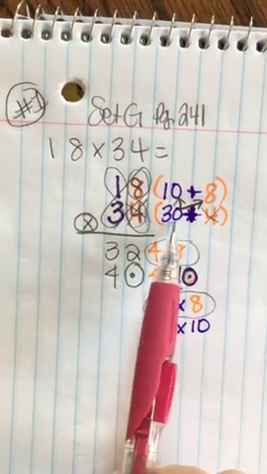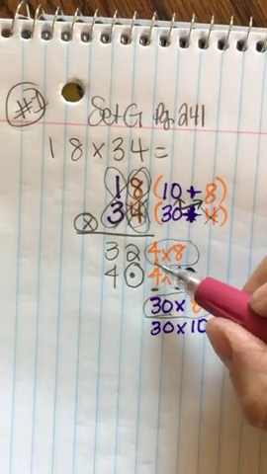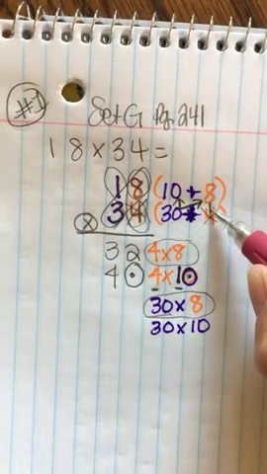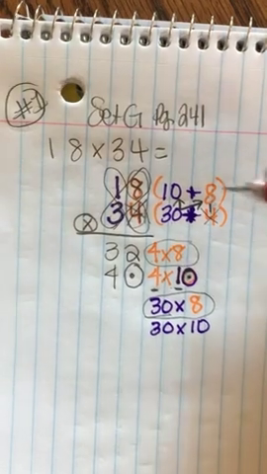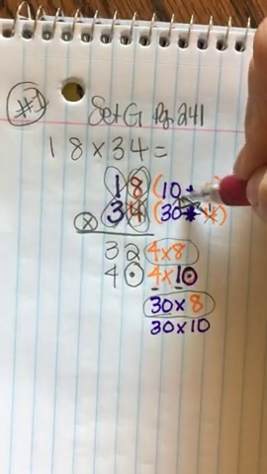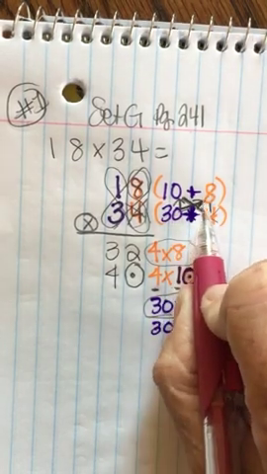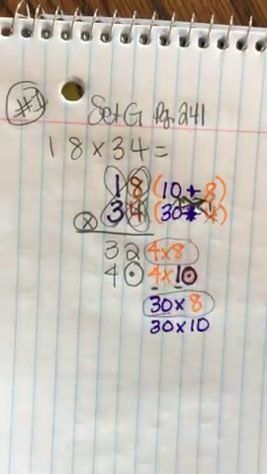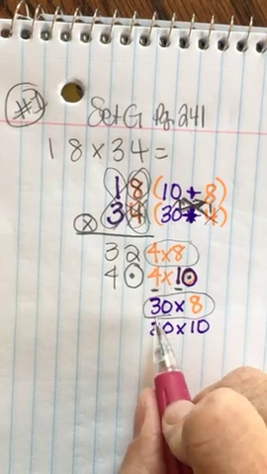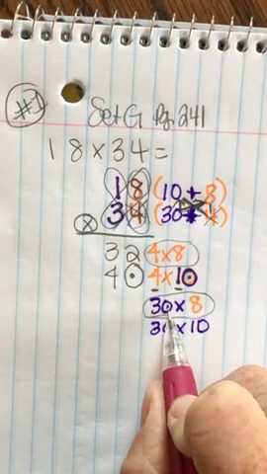So I like to show them this way, so I could show you that first we did 4 times 8, right? And then we did 4 times 10. But then we have to do 30 times 8 and 30 times 10. So let's work this out with our place values first.